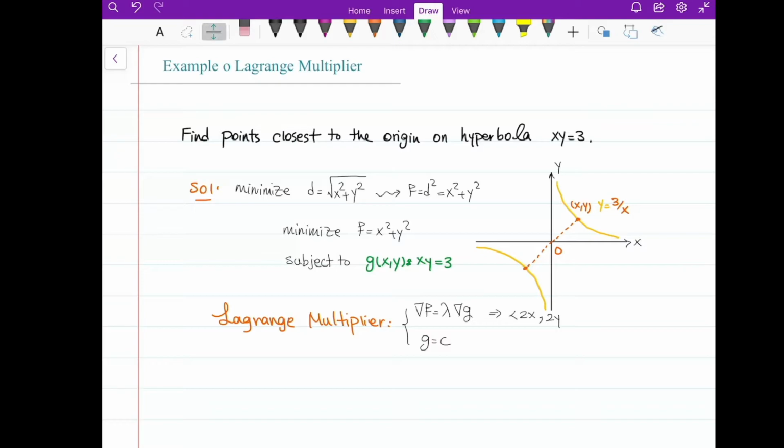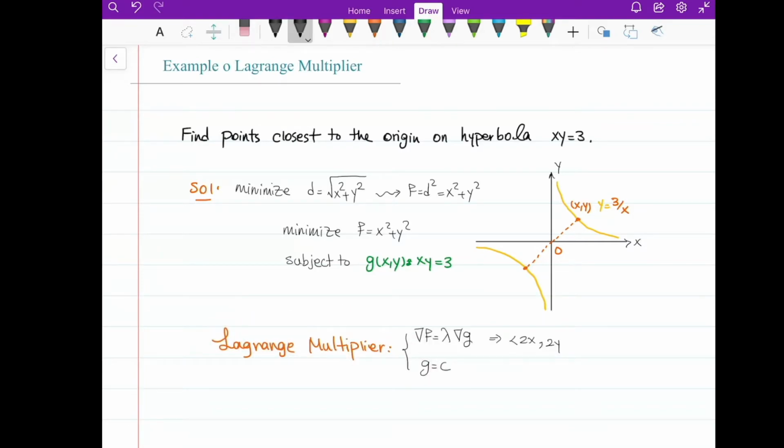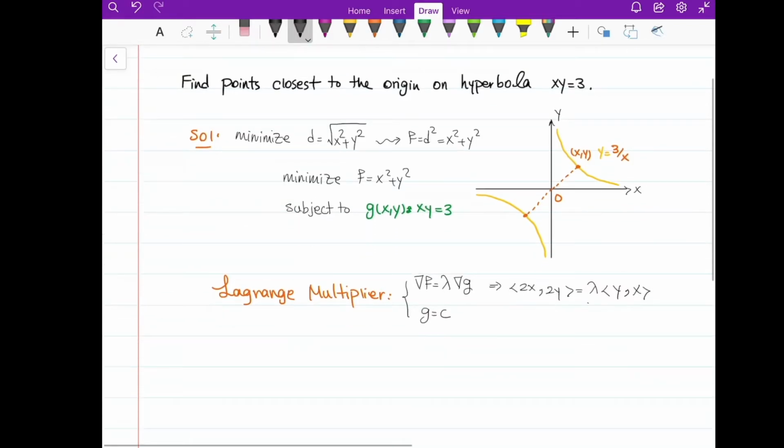Then it's lambda times the gradient of g, the derivative with respect to x and the derivative with respect to y, and also g equals c.